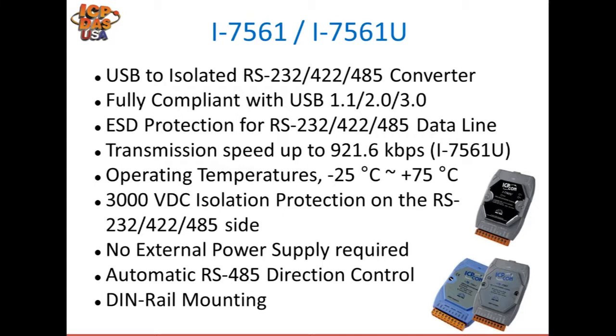ESD protection for the RS-232, 422, or 485 data lines, and it's self-powered and doesn't require any additional power supply. It offers automatic RS-485 direction control and is DIN rail mountable for industrial applications.